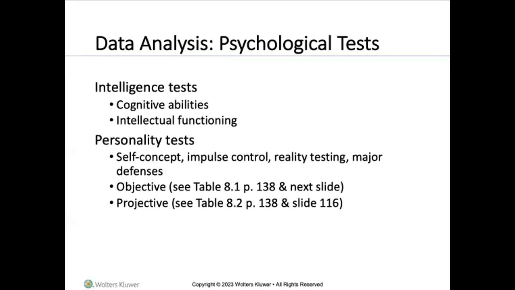Personality tests give us self-concept, impulse control, and major defenses. These can be objective, on page 138 in your book, or projective, which is on slide 116 and page 138 as well.